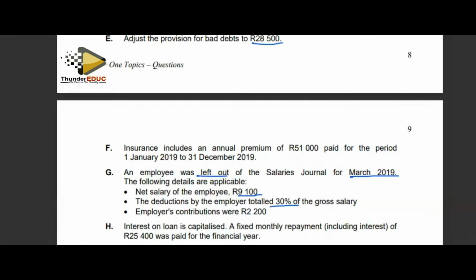The deductions by the employer totaled 30% of the gross salary. So the net salary was this.